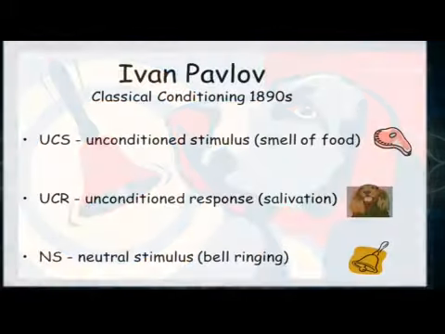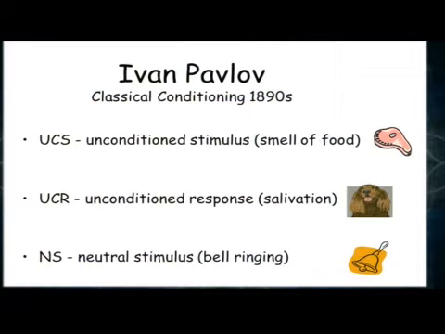Pavlov regards the meat powder as an unconditioned stimulus, UCS, and the dog's salivation as the unconditioned response, UCR. The bell is a neutral stimulus until the dog learns to associate the bell with food.